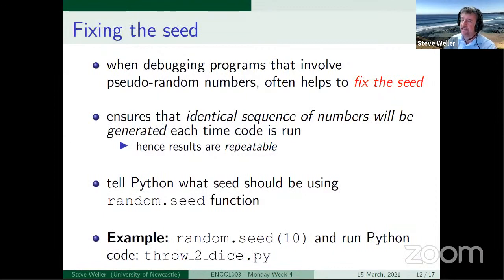So it's possible to set the seed, or fix the seed, in Python. All that is, is a function in the random module called seed, which allows you to set the seed to a particular value. Here on this slide, I've chosen it to be equal to 10. And that'll mean that we reset the random numbers to be generated in the same way over and over.